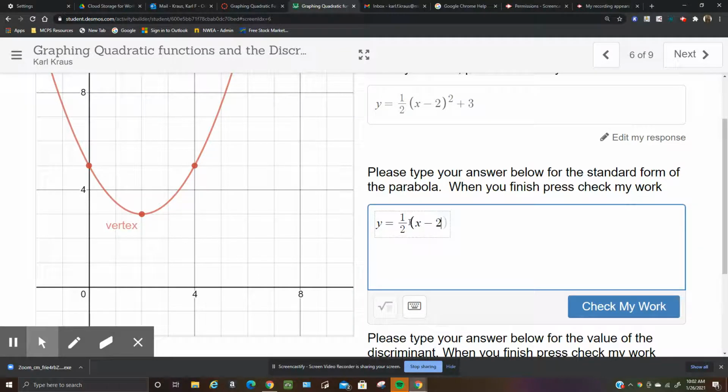It's always a good idea to do that so you don't make a mistake. y equals 1/2 times x minus 2 squared, so x squared minus 2x. Next, combine like terms in the parentheses.